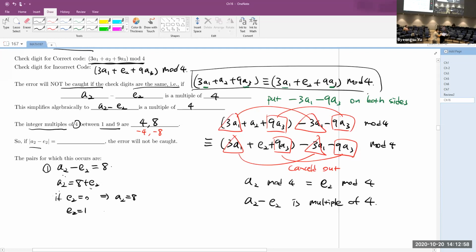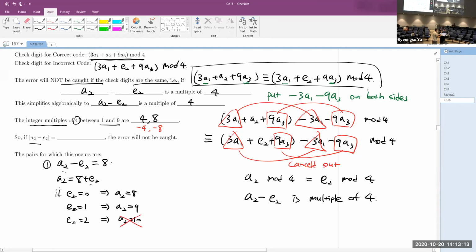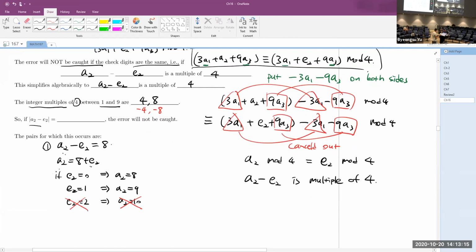If E2 is 1, then A2 is 9. If E2 is 2, then A2 is 10, but 10 is not allowed, right? Because A2 is a single digit. So E2 cannot be 2. So the only possible cases in the first one are A2 is 8, E2 is 0, or A2 is 9, E2 is 1.